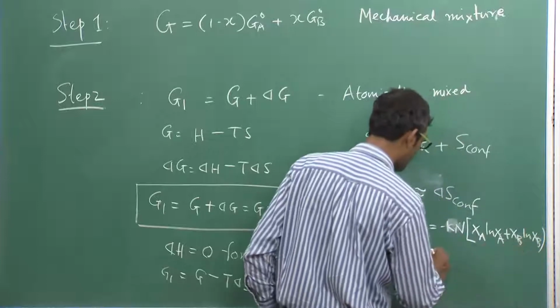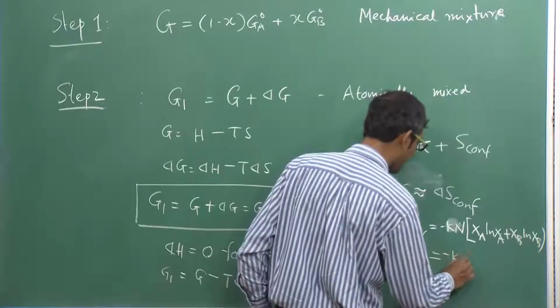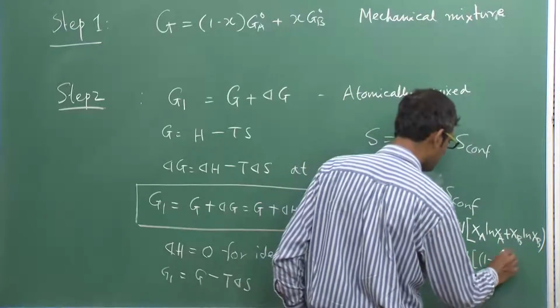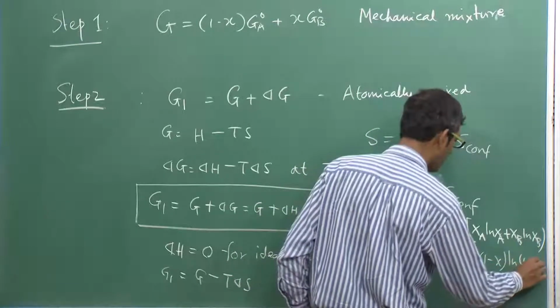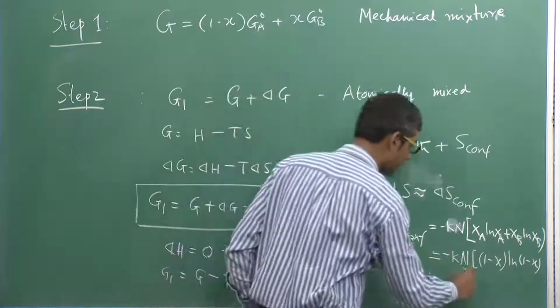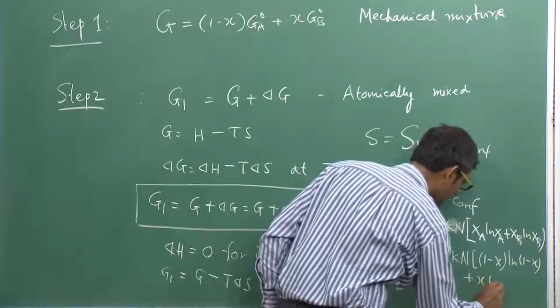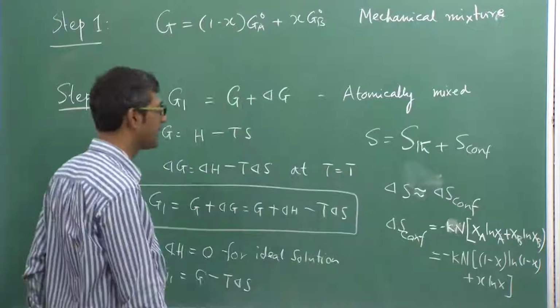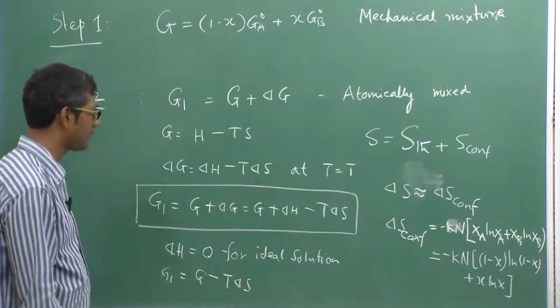For our system we can write minus k N multiplied by (1 minus x) log of (1 minus x), because the mole fraction of A is 1 minus x, and x log of x, that is from B. That is what we get if we do the detailed calculations.